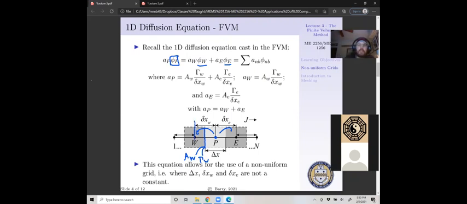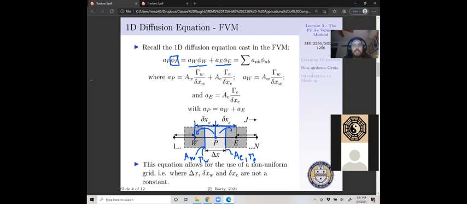And delta xw is the space between our cell centers, W and P. AE has the same formulation. A east is our area of the interface between these two cells. It has a diffusivity, gamma east, and delta x east is the distance between our cell centers of P and E, those two volumes.